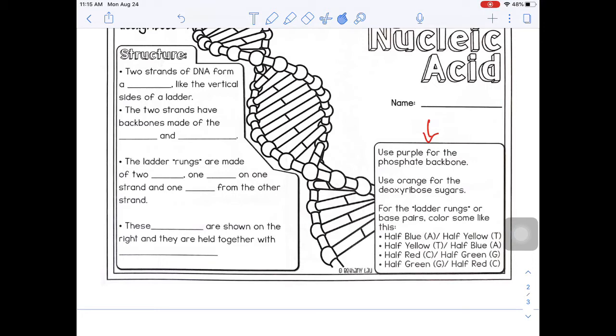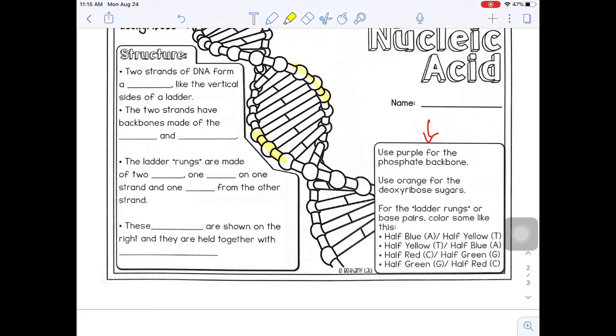The 2 strands have backbones made up of the phosphate group and the sugar. So all along here, this is the backbone. The ladder rungs are made up of 2 nitrogenous bases, 1 base from each strand.